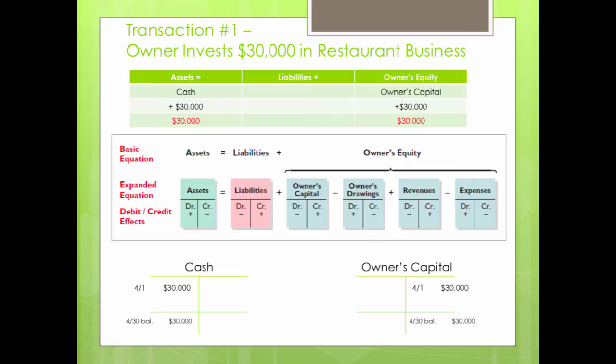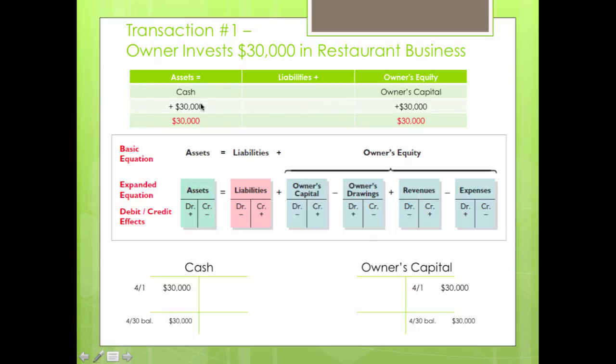So what I'm going to do here to help you see the relationship of this new method is cover the same example that was covered in chapter 2. The first transaction consisted of investing $30,000 in a restaurant. And what you did is you recorded this transaction in tabular form by asking some questions, which included determining the account that was affected within the accounting equation.